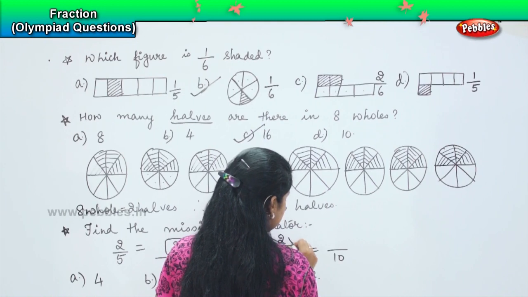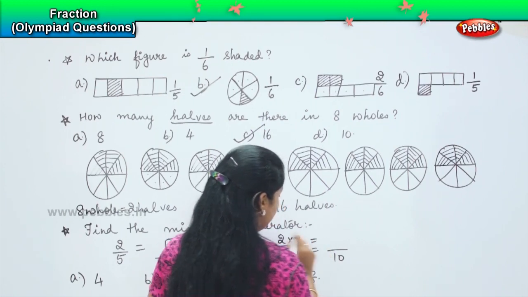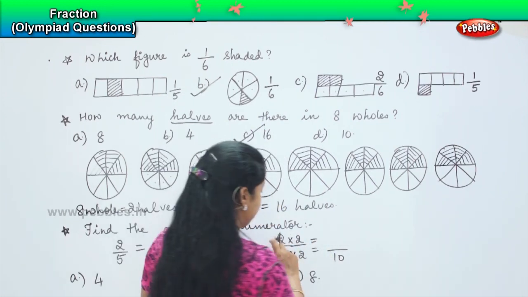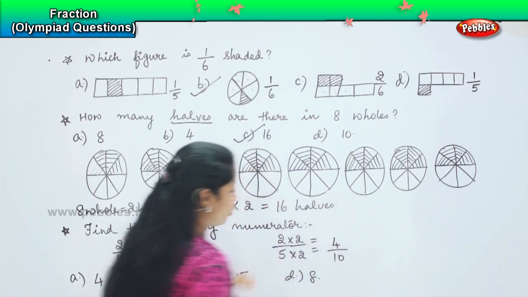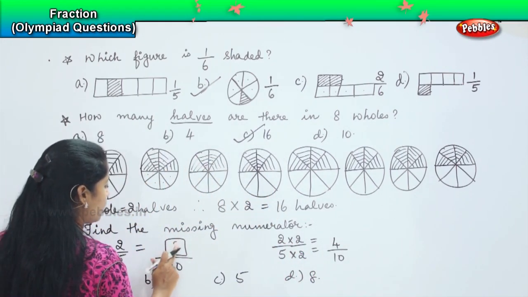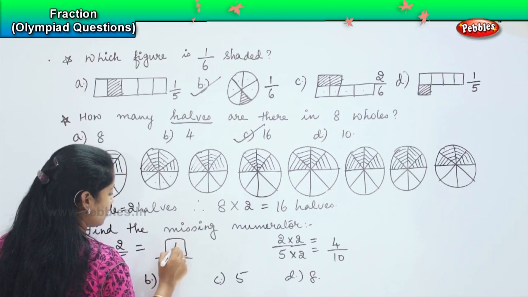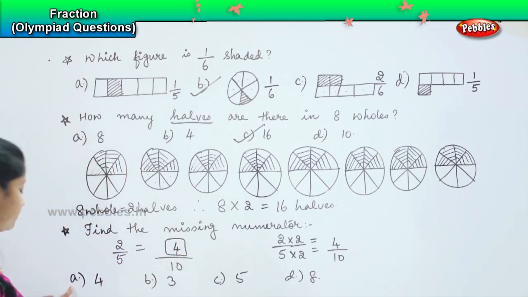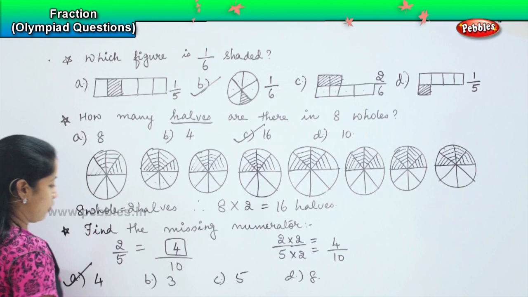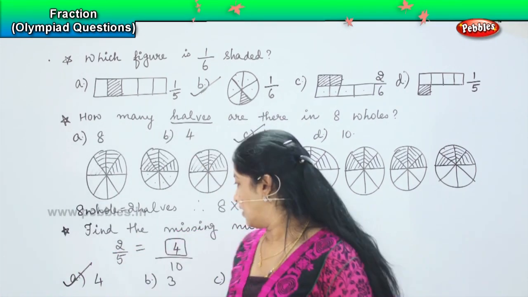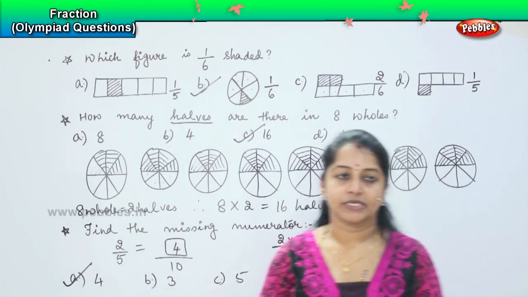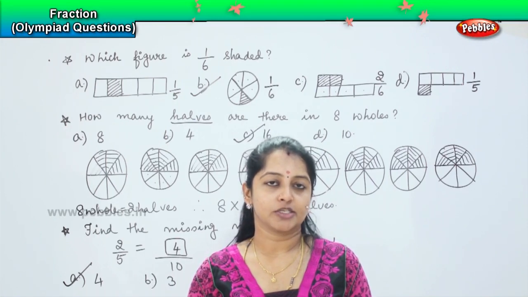So I need to multiply with the same number for my numerator as well, right? So 2 into 2 is 4. So my answer here will be 4. Where can you find it, children? Yes, it is option A, 4. So 2 by 5 is equal to 4 by 10. Are you clear with this question? Shall we move ahead with the next question, children?